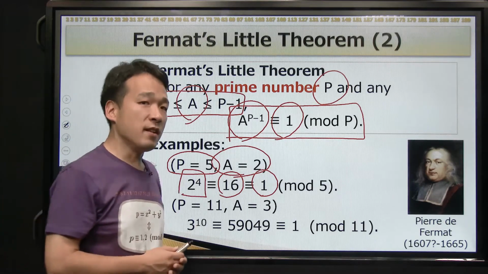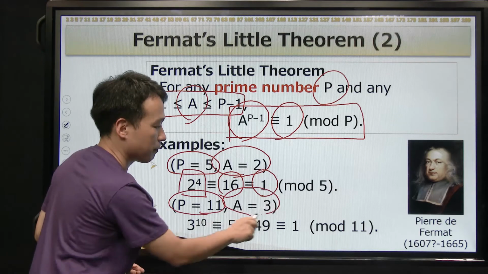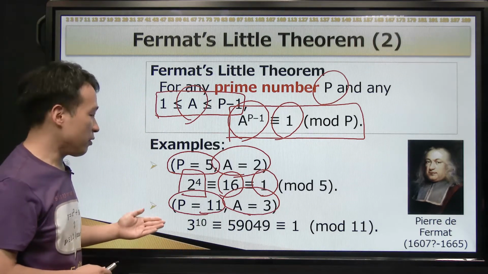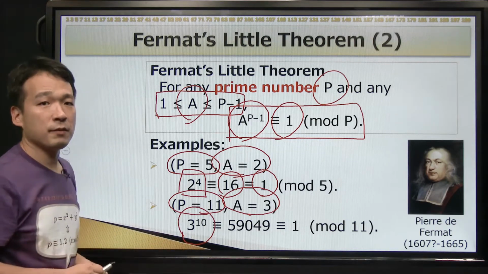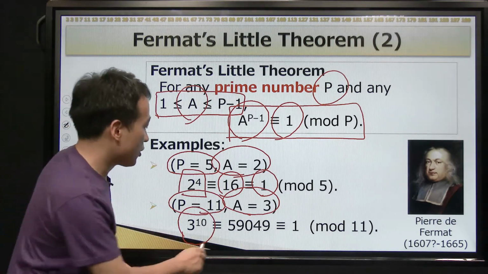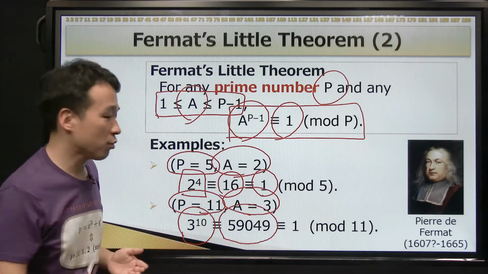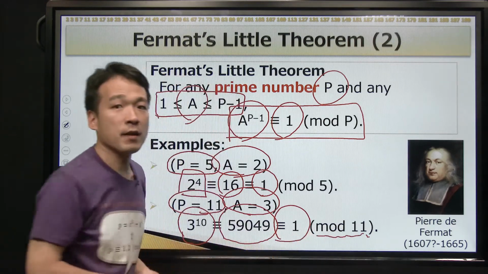If p is 11 and a is 3, three to the 10th is 59,049, which is congruent to 1 modulo 11.